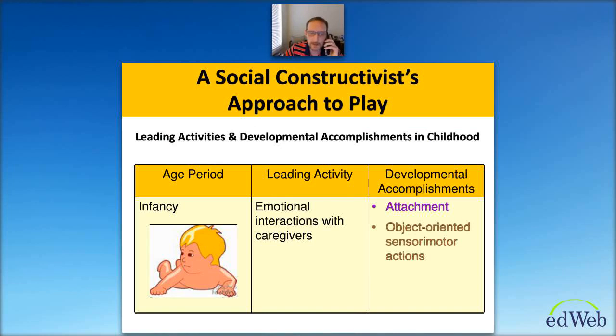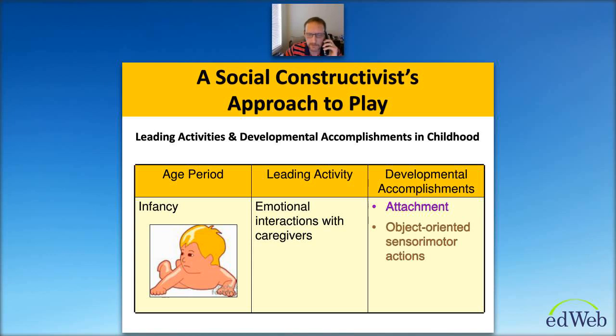Because when we think about where developmentally our accomplishments are in childhood, and particularly at infancy, the major leading activity that we want to make sure happens when we talk about windows of opportunity and brain development, by infancy, the major leading activity in developmental accomplishment is emotional interaction with our caregivers.